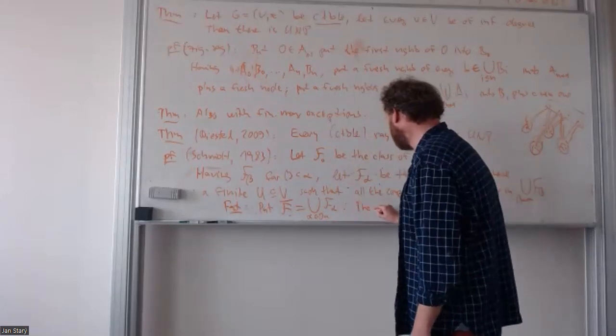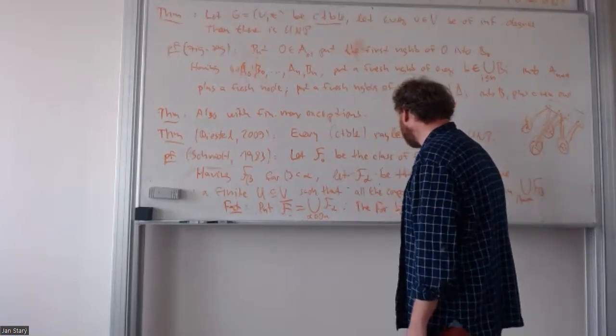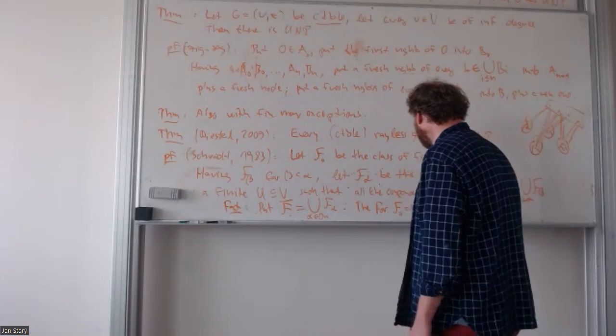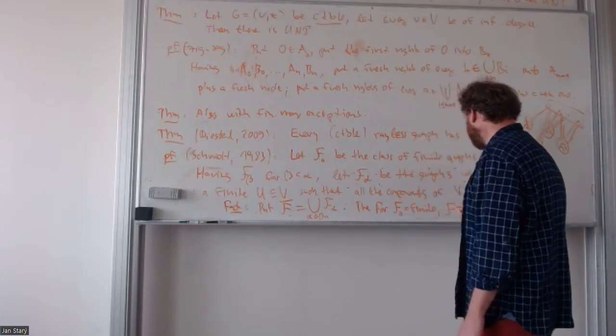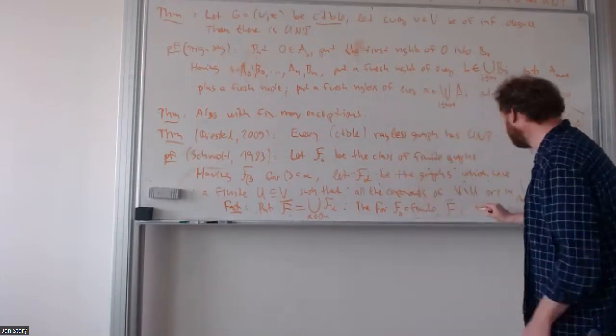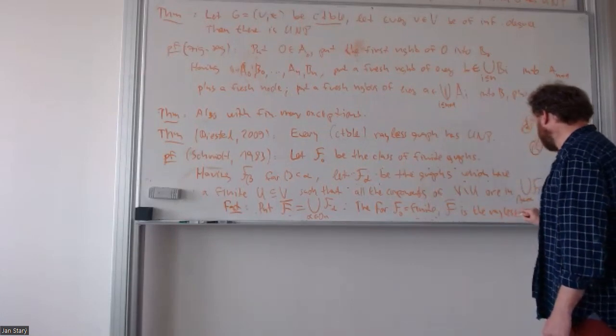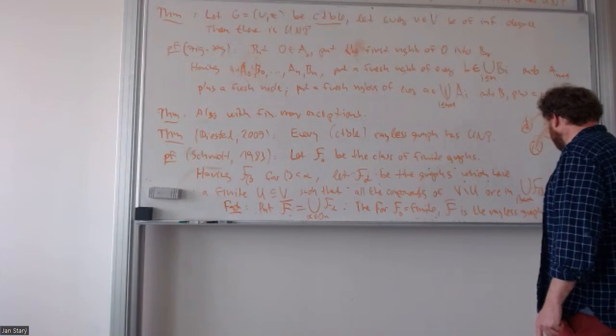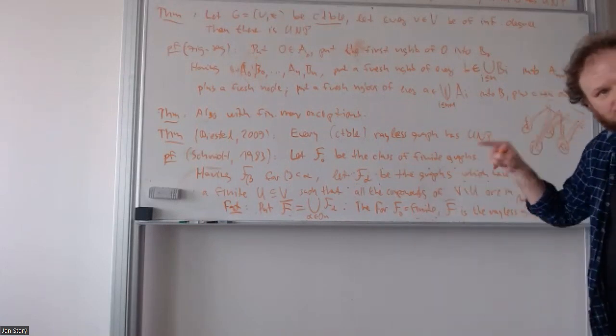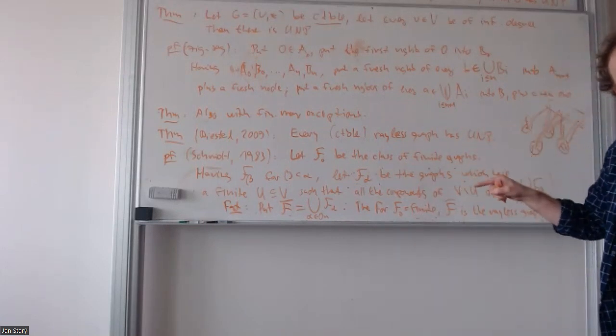If you start with the finite graphs, F bar, which is called a closure, is the rayless graphs. This is an analysis of the structure of the class of rayless graphs.